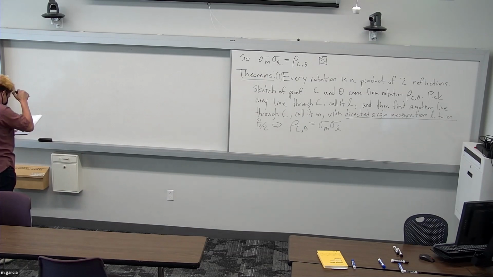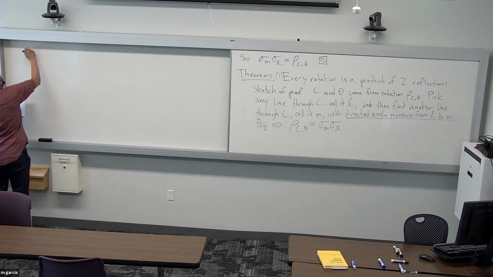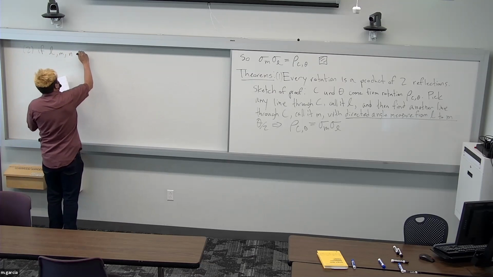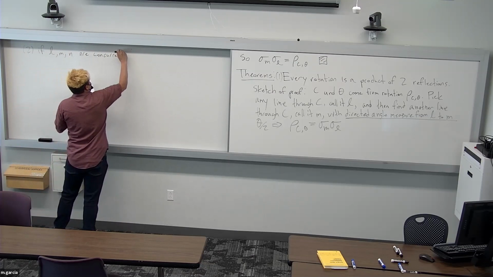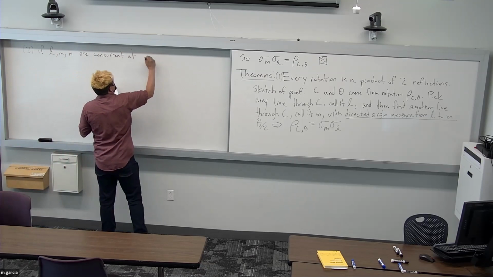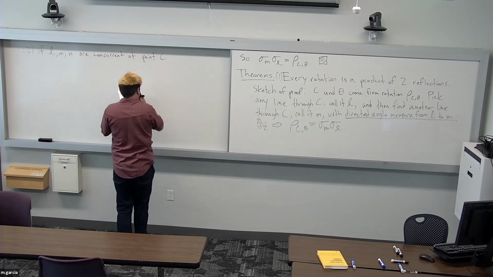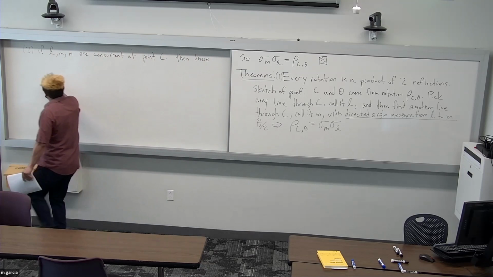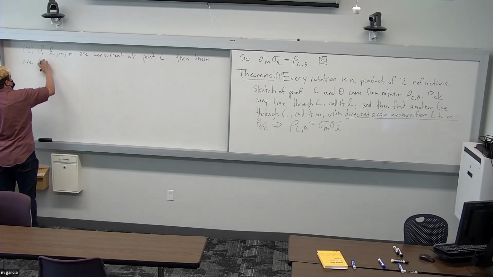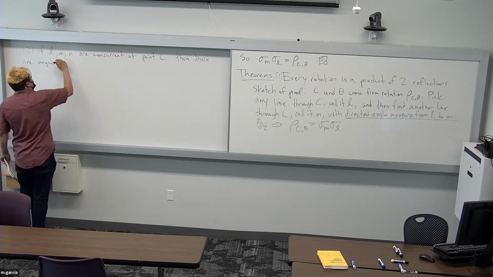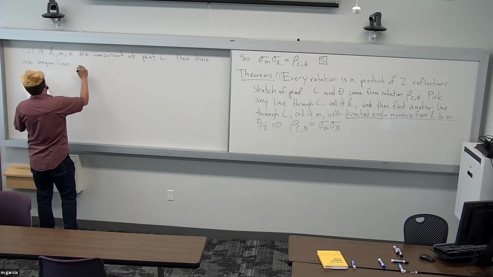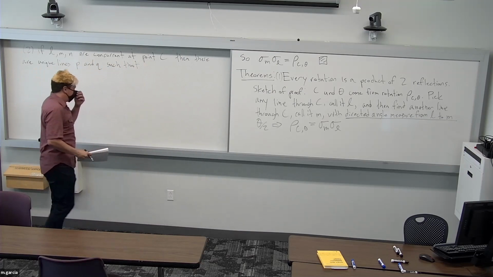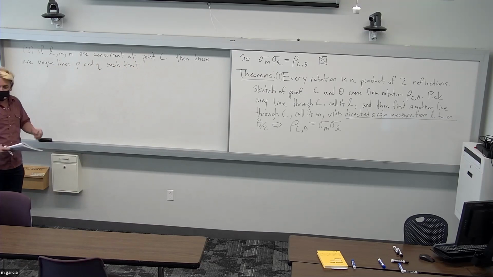Now, what else do we have? If L, M, and N are concurrent at point C, then there are unique lines P and Q such that, I bet if you're looking at your notes from yesterday, you can probably guess what I'm going to say here.